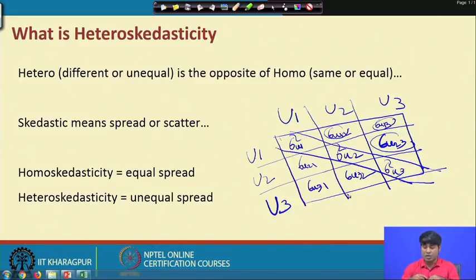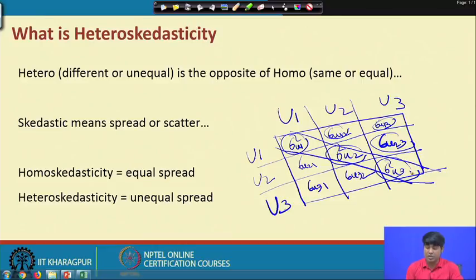autocorrelation. Now we are looking at the variance of the error term, that is sigma square u1, sigma square u2 and sigma square u3. What is exactly required for understanding heteroskedasticity is that the error variance over the cross sectional unit or over the time should be equal.